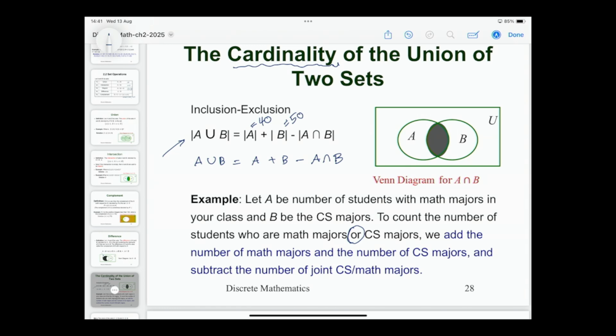And there are some students who have both majors, A and B.